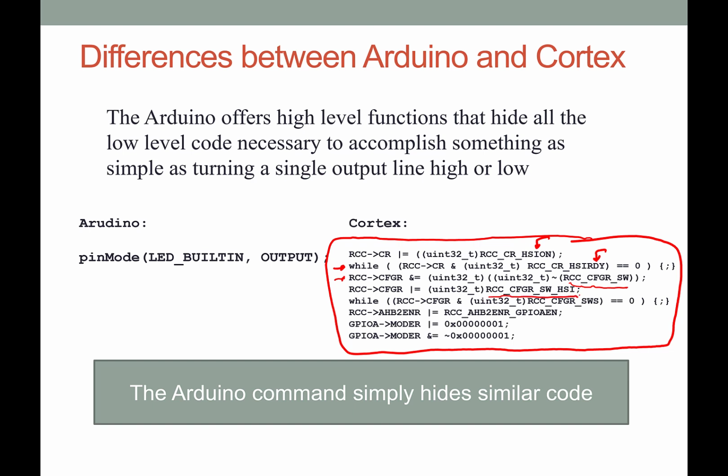These aren't really things that we have to know about, but just realize that it's going to configure the clock that we've got. Basically it's going to configure the clock speed of what we're trying to do right here.